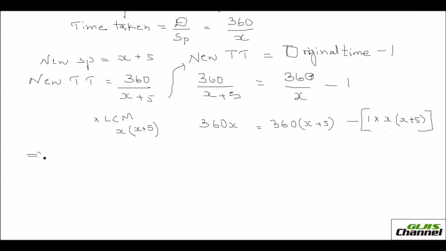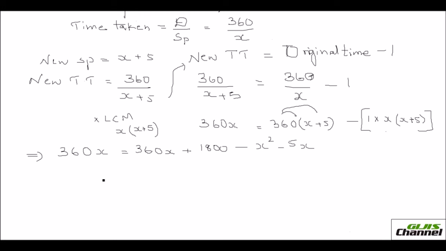Let's expand this. So that equals 360x is equal to, use the distributive property here. So that will be 360x plus 360 times 5, which is 1800, minus x squared minus 5x.